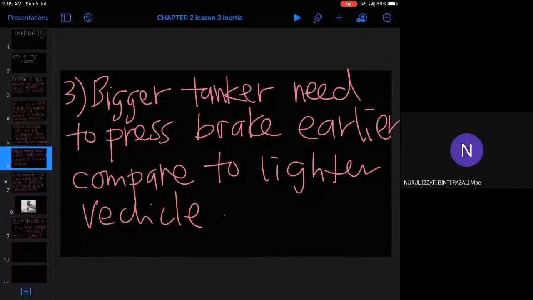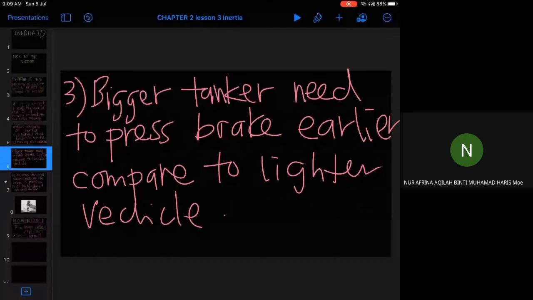Because, why? Because the bigger tanker has greater mass. Greater mass, greater inertia. So that, sebab apa? Bila bigger tanker tu, dia berat. Dia bigger mass. Jisim dia besar.